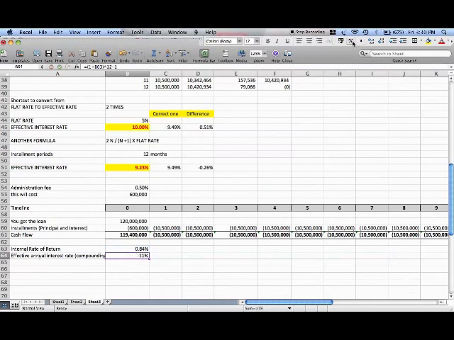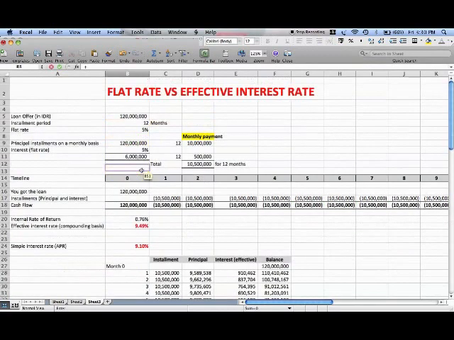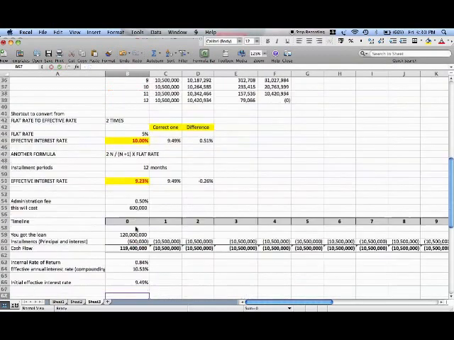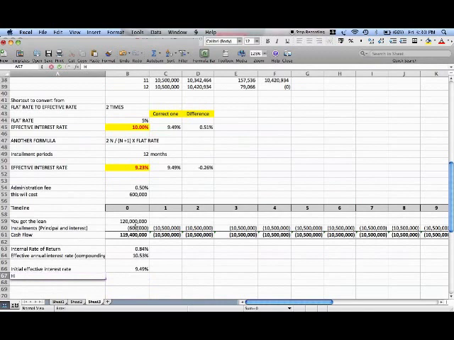You can see that your initial effective interest rate is 9.49%, and now it becomes higher, about 1% higher.